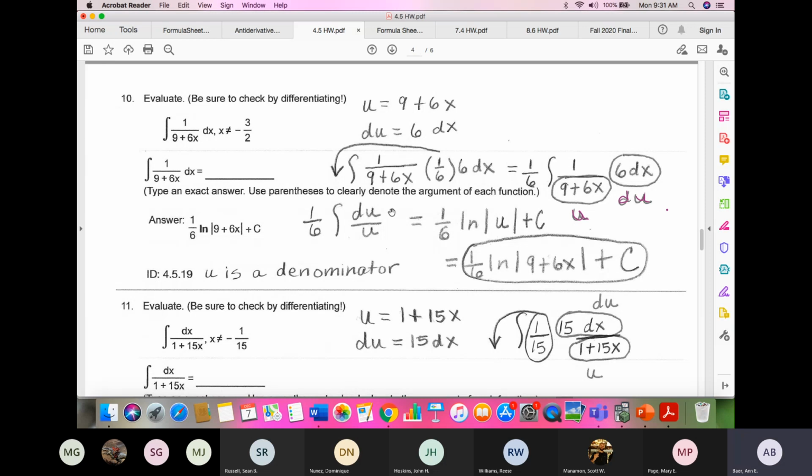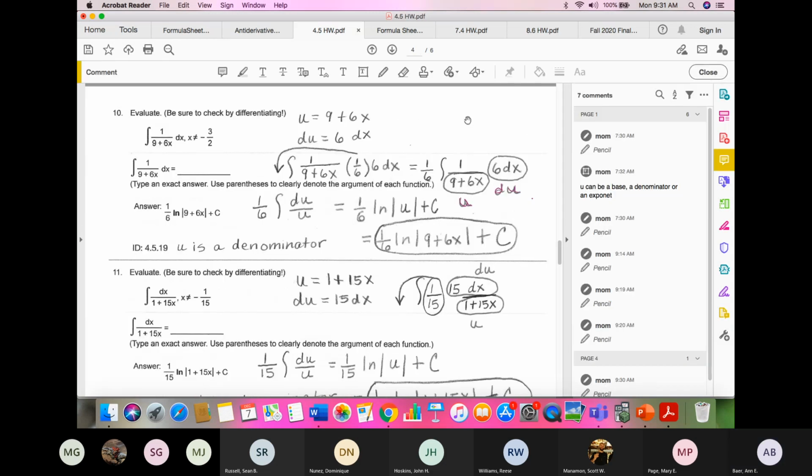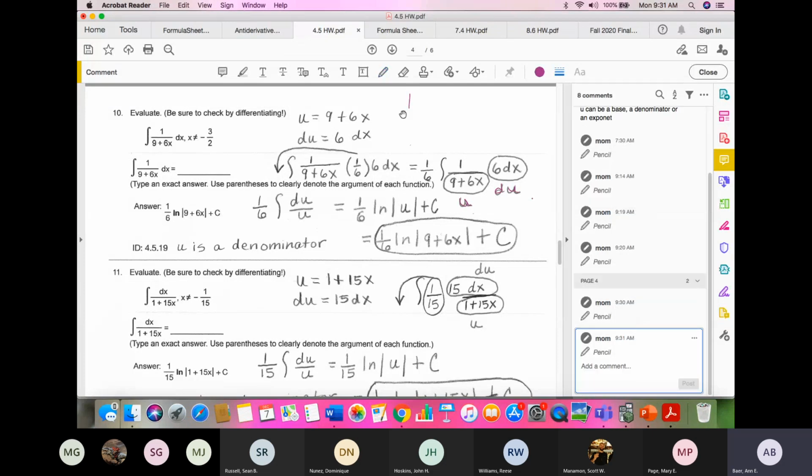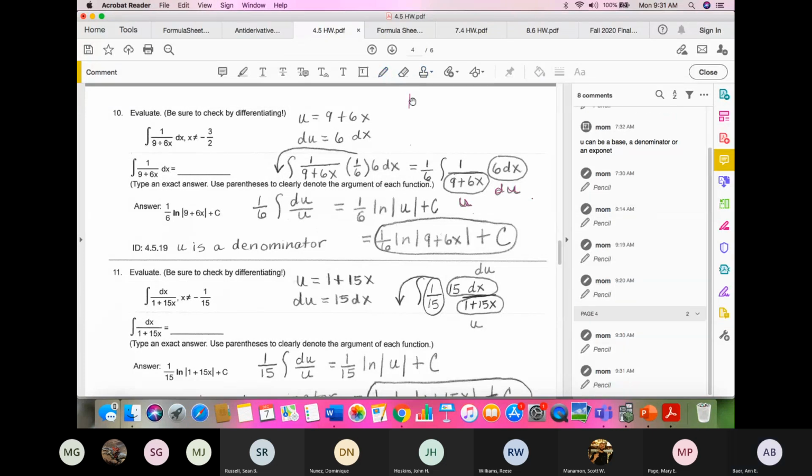So if I rewrite this as something else, I think you can see what's happening here. We have 1/6 outside the integral.